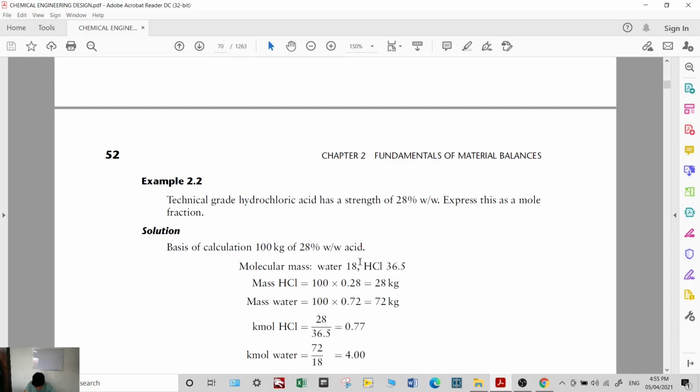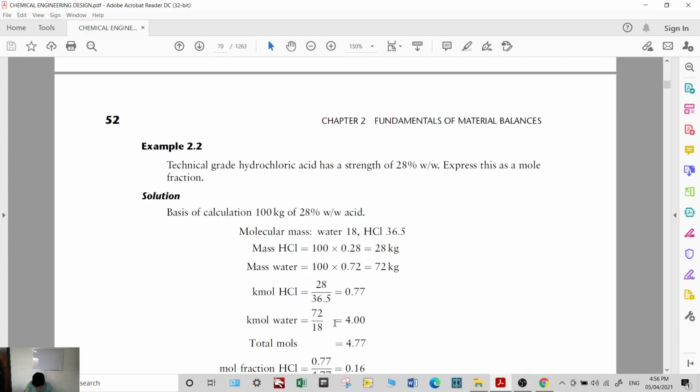For water, this is 18. The unit is kilogram per kilomole. For hydrochloric acid, 36.5 kilogram per kilomole. So when you divide the mass of hydrochloric acid by the molecular weight, you will get 0.77 kilomoles. And for water, divide 72 by 18, you have 4 kilomoles.